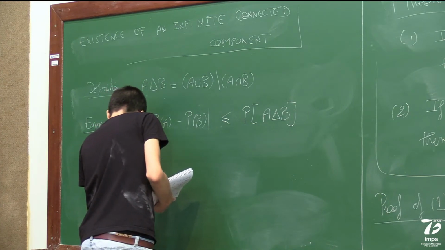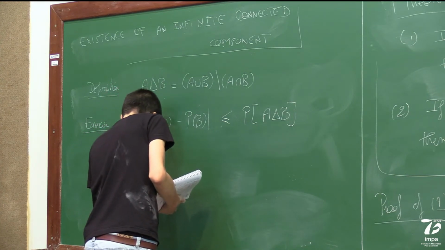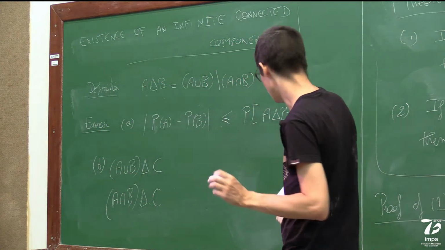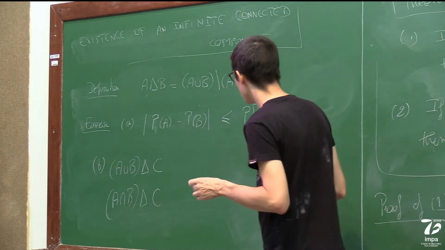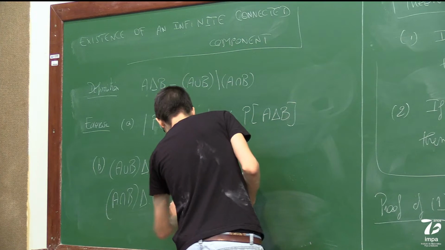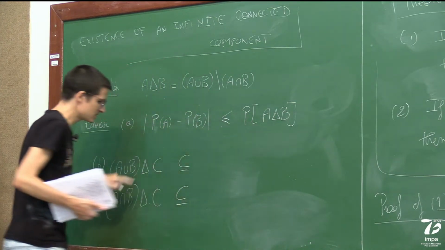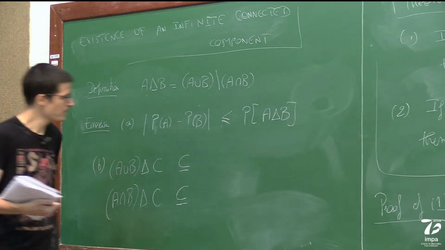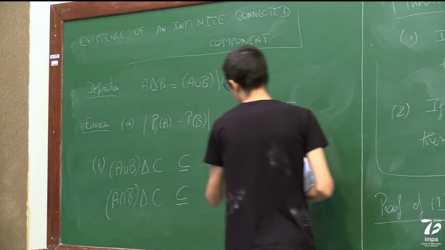If you take either the union or the intersection of two events and take the symmetric difference with a third one, then you can basically distribute this over the symmetric difference, provided that you take inclusions. And here you have to take the union.